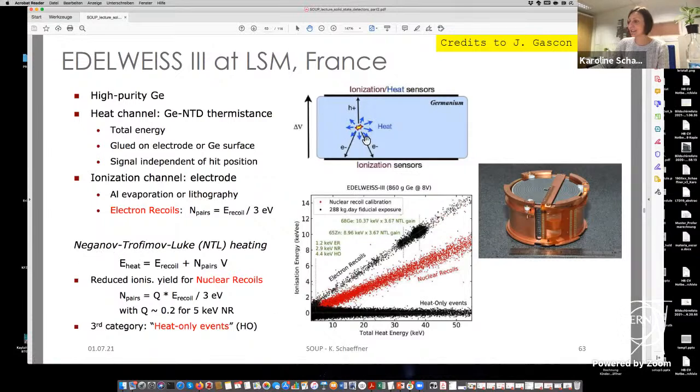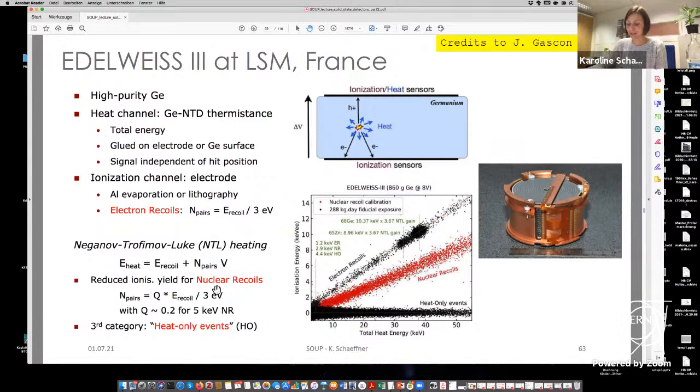And this is, of course, good because it boosts your signal. So you can use this for getting lower energy thresholds, which is in particular important now that experiments of this type look for always lower dark matter masses, as this technology also allows for low thresholds.